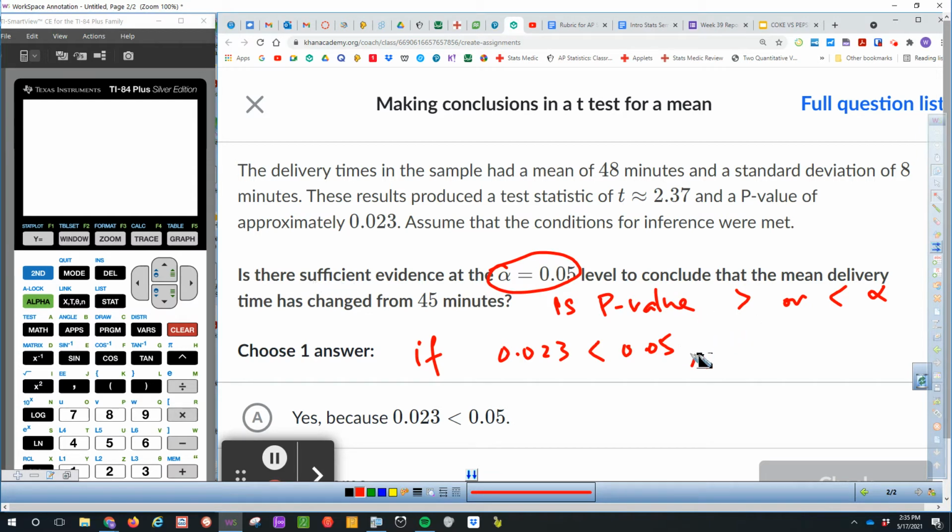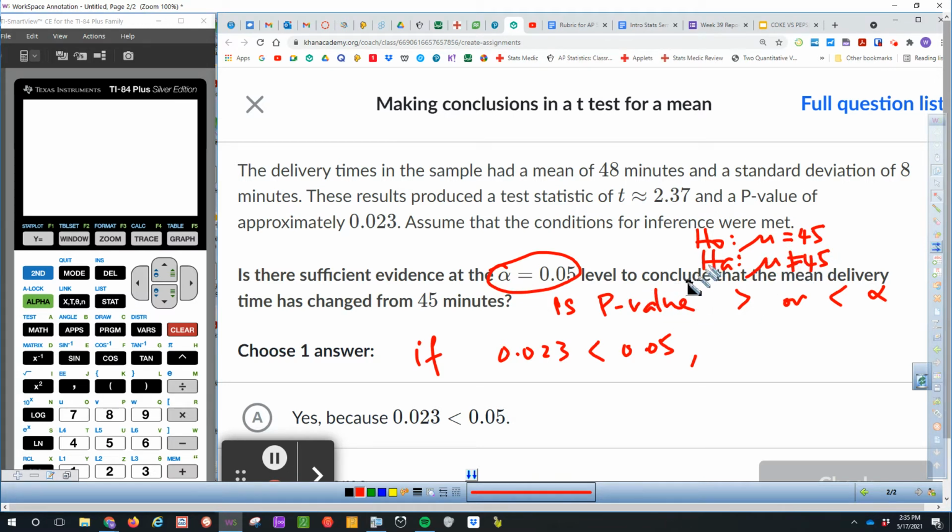Is there sufficient evidence to conclude that the mean delivery time has changed? Remember that H naught is that the mean is 45, and the alternative is that the mean is not equal to 45.